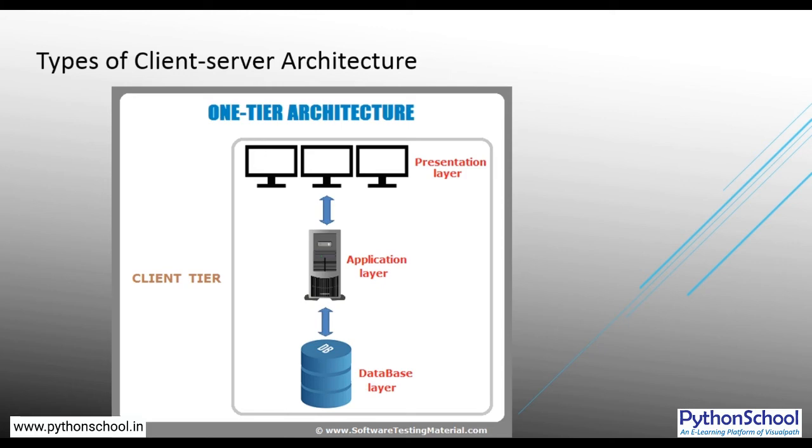So let's check the one tier application, as you can see here, where all three layers, presentation layer, business logic layer, and data access or database layer, are in a single software package.